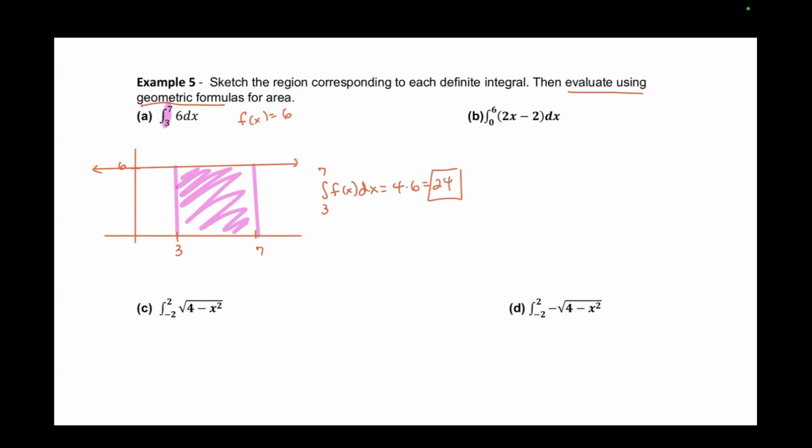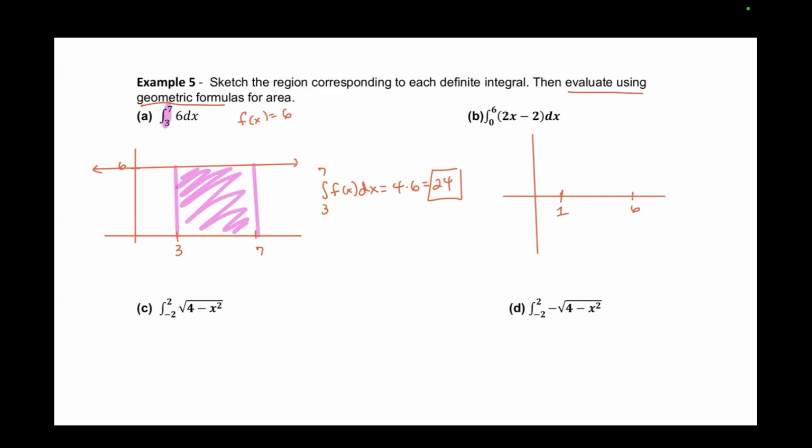All right, 0 to 6 of 2x minus 2. So let's graph that out. And it's going to cross the x-axis at 1.